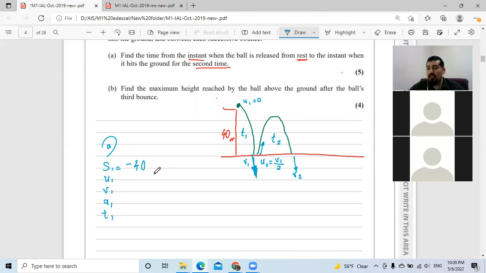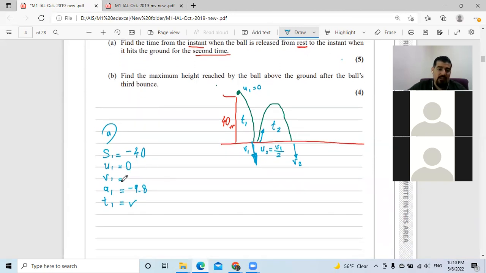Why negative 40 meters? Because falling down. And U is from rest. V is unknown. And the acceleration is negative 9.8. And they ask about the total time, T1 plus T2.